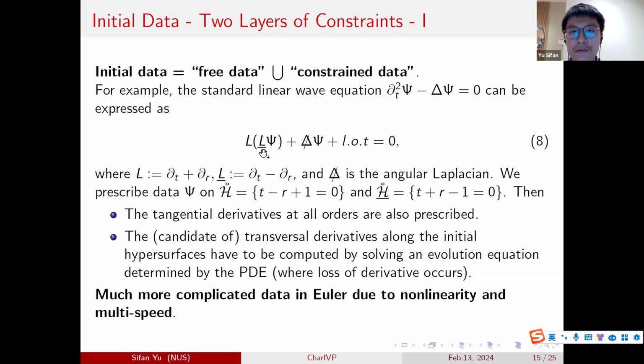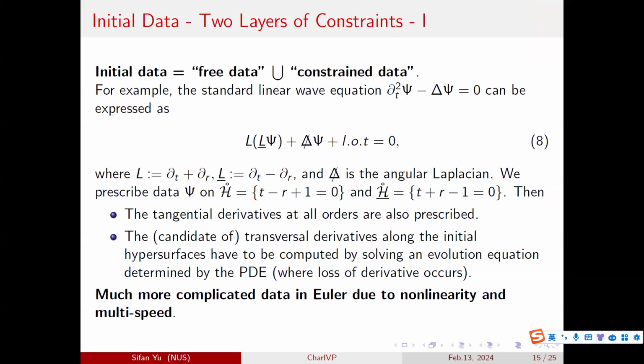So I solve the transversal derivative, which I denote by L bar psi, by a transport equation along L. However, if I solve L bar of psi this way, L bar of psi will depend on the angular Laplacian of psi. That means the transversal derivative has one derivative less regularity than the tangential derivative. That's where the loss of derivative comes from.